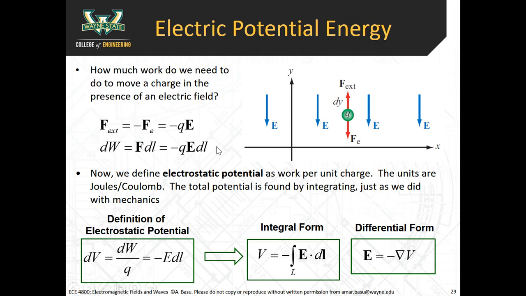And that force was the electric force, so it's equal to negative Q times epsilon times dl. Just a small note here, the negative is because we are moving it against the electric field.